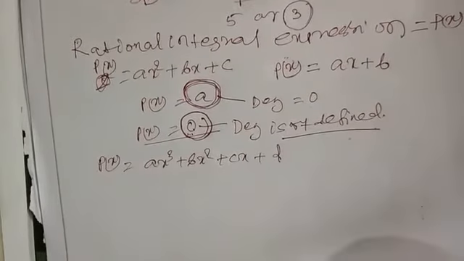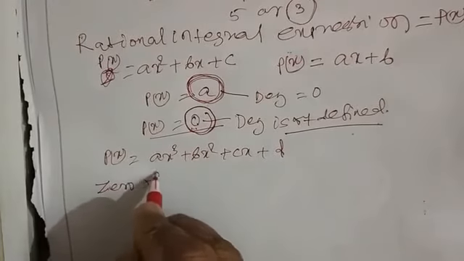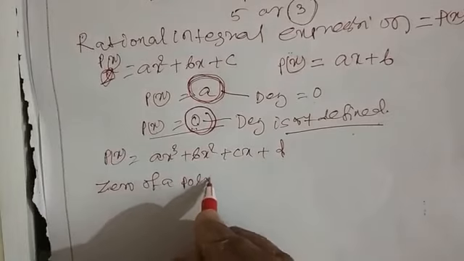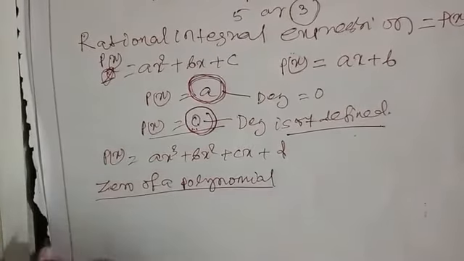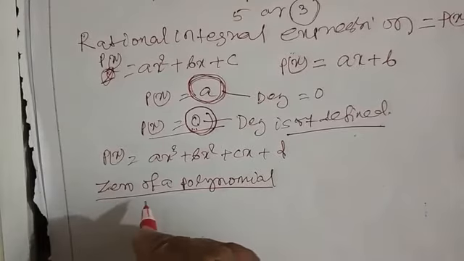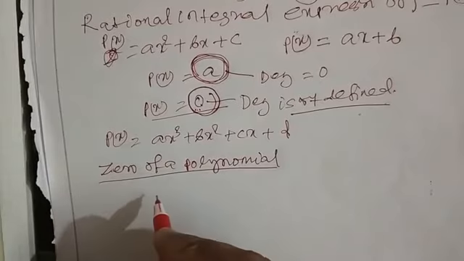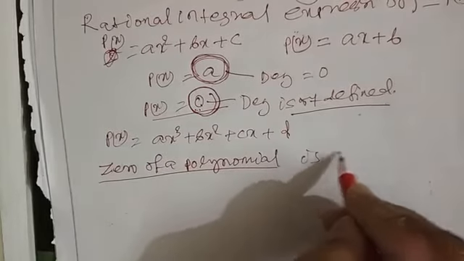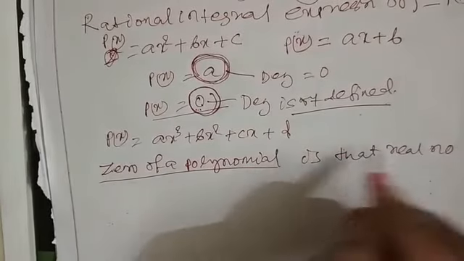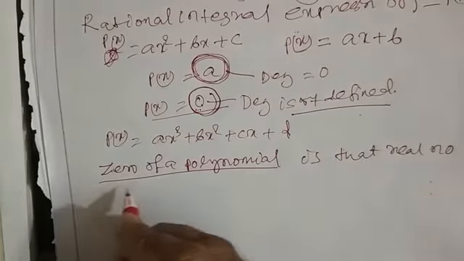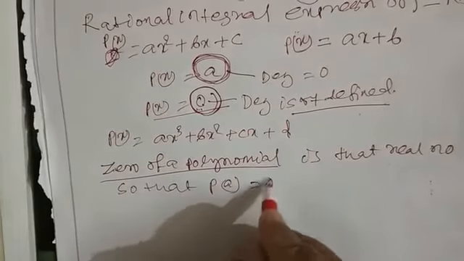Next, coming to the zero of a polynomial. Sometimes we call it the zero or root of a polynomial. The zero or root of a polynomial is that real number a so that p(a) is 0.